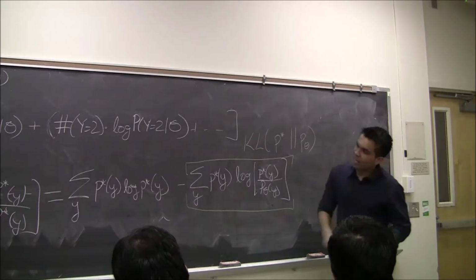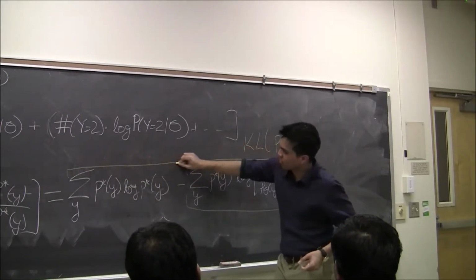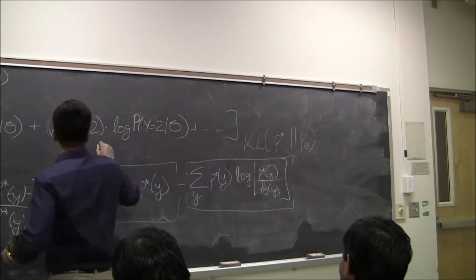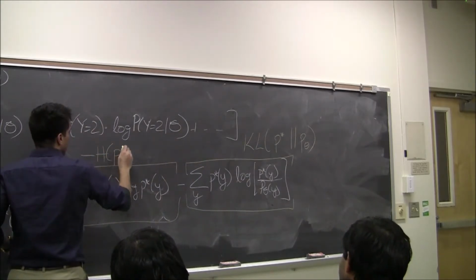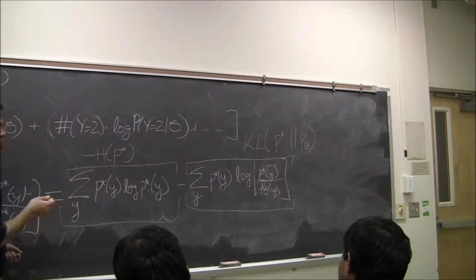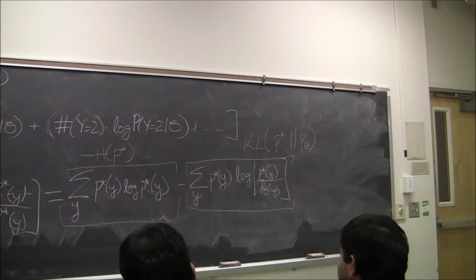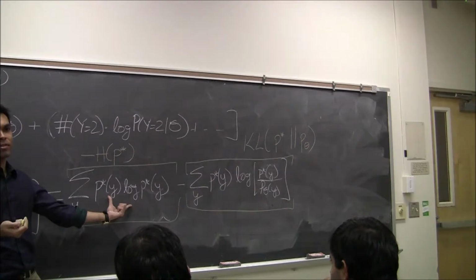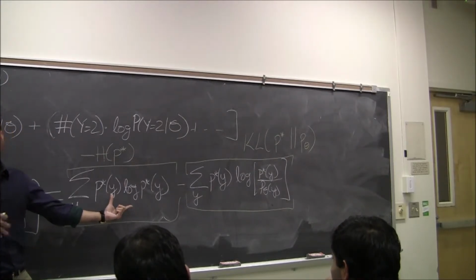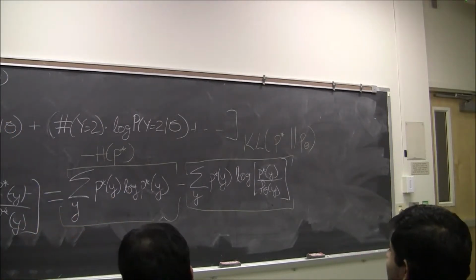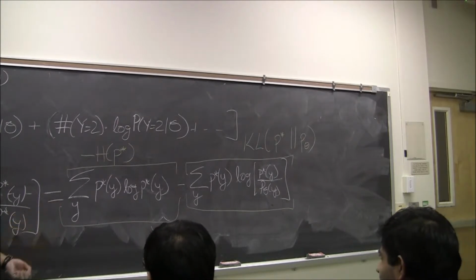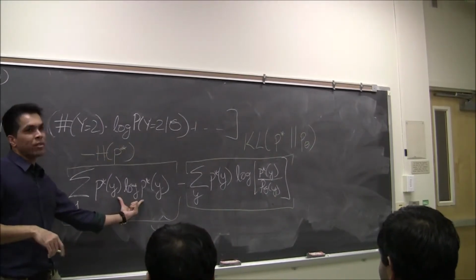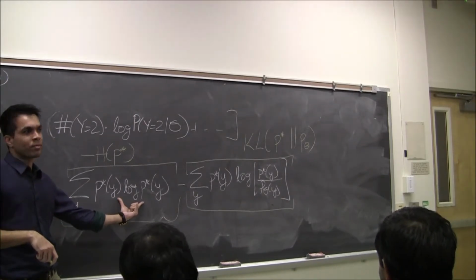And what is this term right here? Entropy, or more specifically, negative entropy. But importantly, of P star, not of P theta. So as you change theta, this is a constant. It doesn't depend on theta. This is just how much entropy is in the distribution that generated your data set. Is Nadal always going to win, or is it 50-50? It doesn't matter what model class you choose.